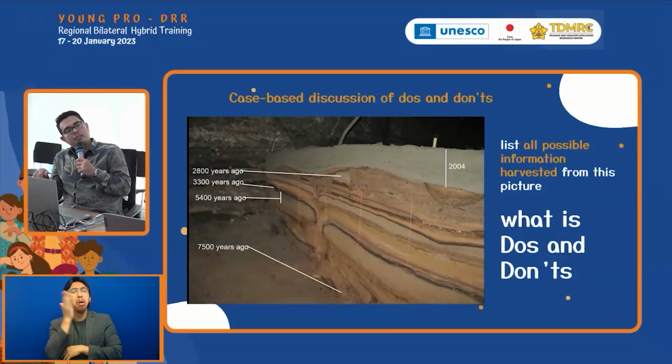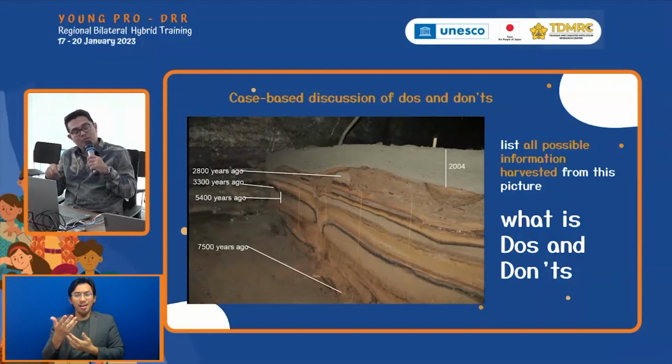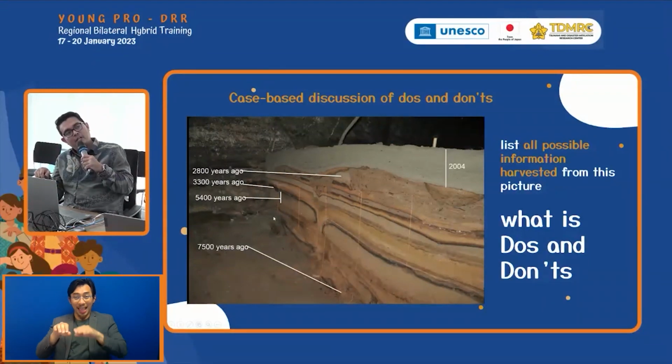Now the research people, the ones who already work on science related to disaster, already know about this. Oh, this is a layer of the transect about the tsunami event, separated by the guano, from the bats, because this cave has been lived in by bats. So if you see any black material, this is the stool from the bats.